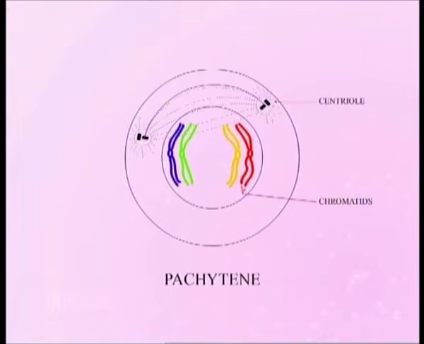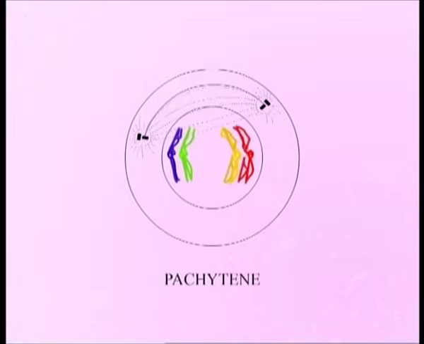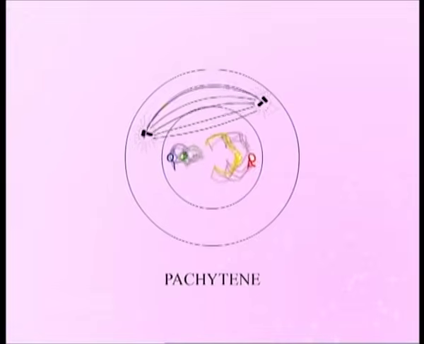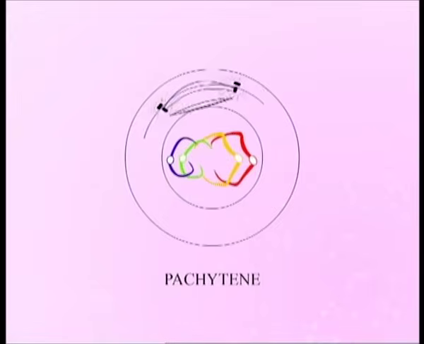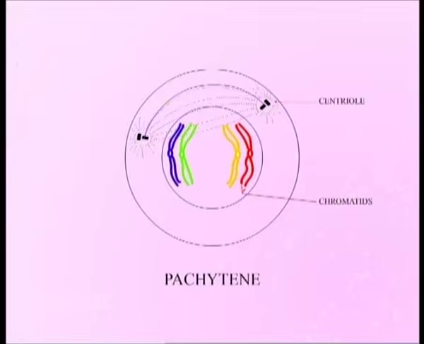Each paired unit, the bivalent, consists of 4 chromatids, hence known as tetrads. Crossing over occurs by the end of this stage, that is break and exchange of partners occurs between non-sister chromatids. The point of interchange and rejoining appears as X-shaped and is known as chiasma.